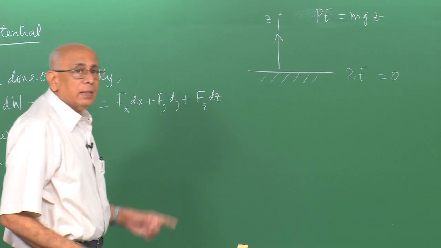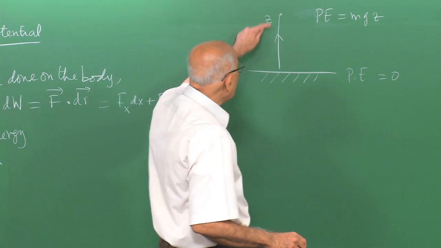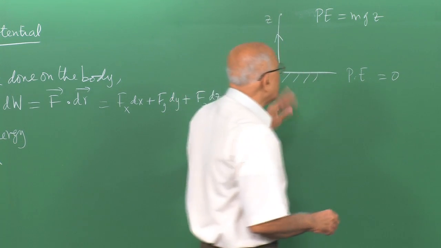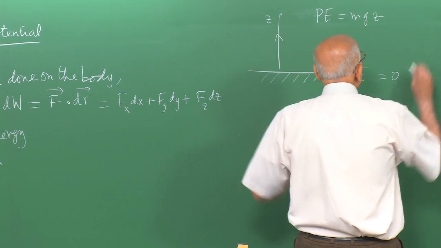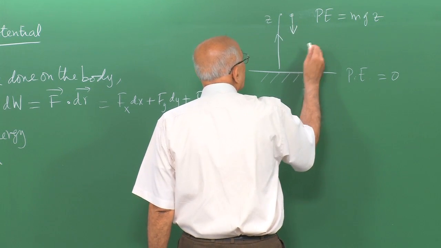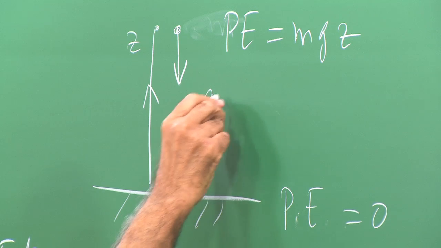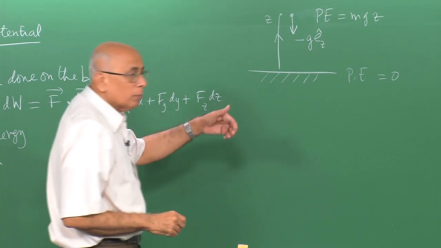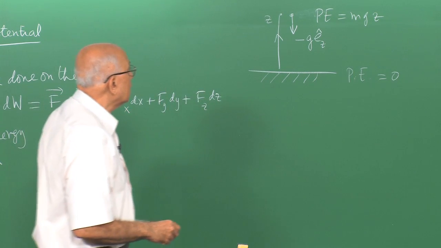Then there is a relation between the force acting on the body here and this potential energy in the following sense. You can see that the force acting on the body is downwards, and it's equal to minus mg times the unit vector in the z direction, minus because it's acting downwards here.